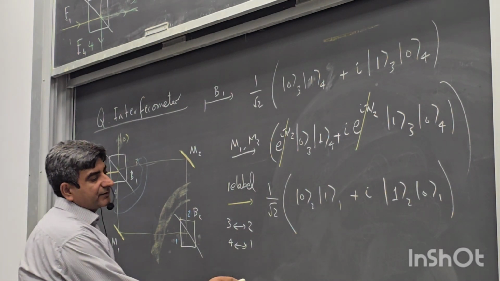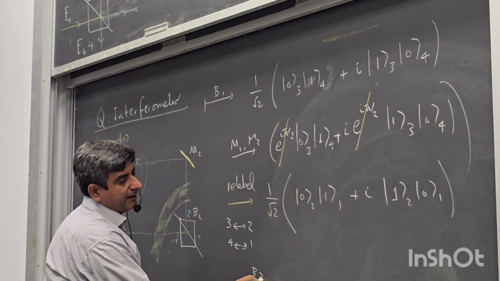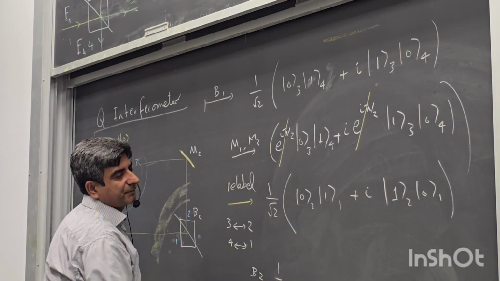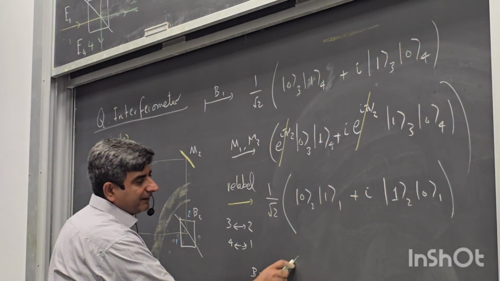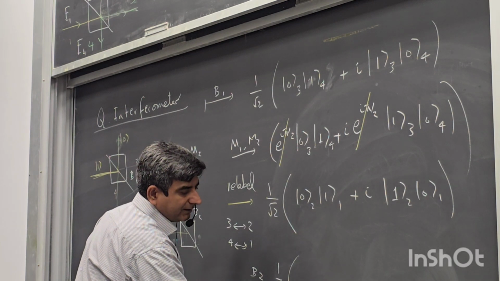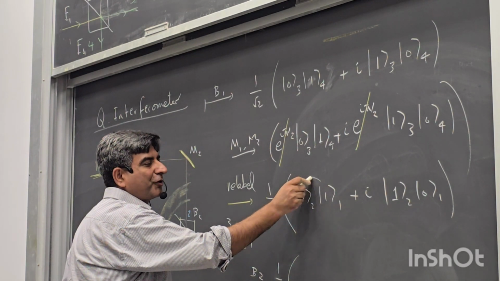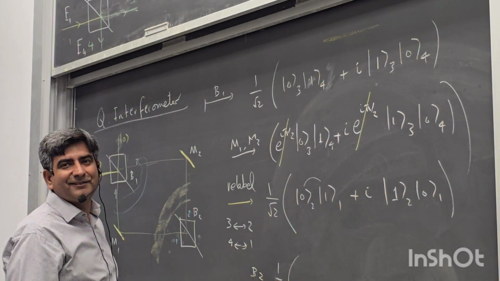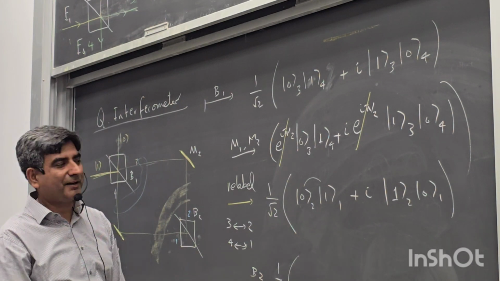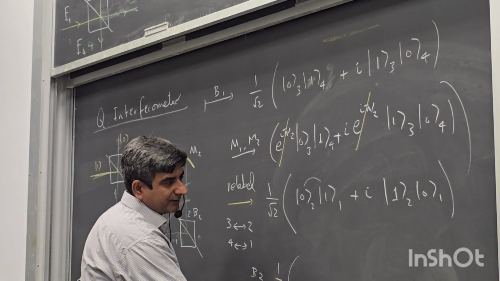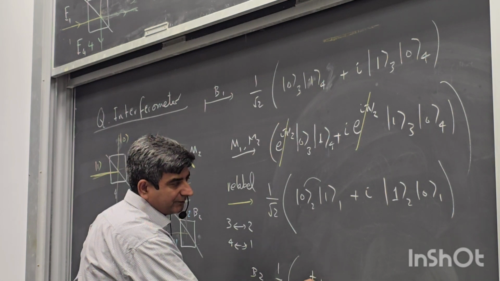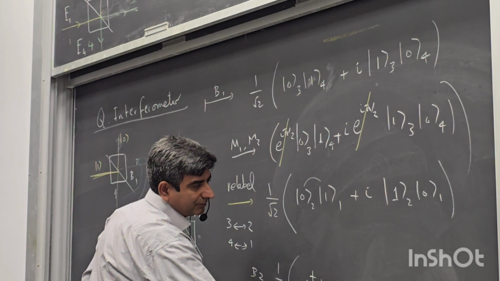Now I need to apply the second beam splitter. And I do have the relationships. I can write this, I can switch the order here. Okay, I can switch the order, it doesn't matter. This is A1 dagger |0,0>, right?